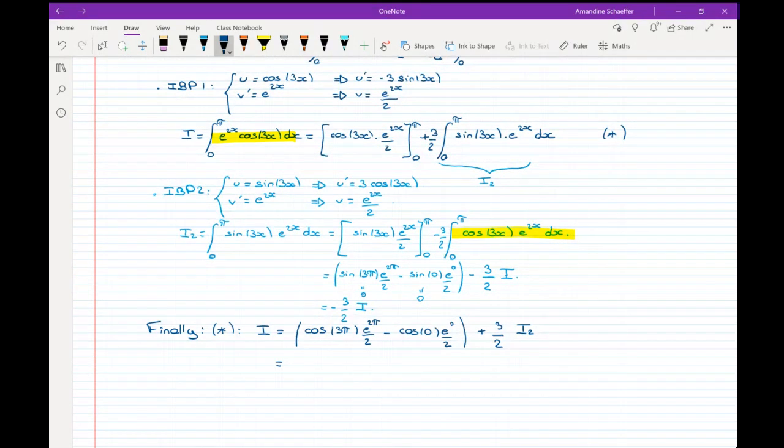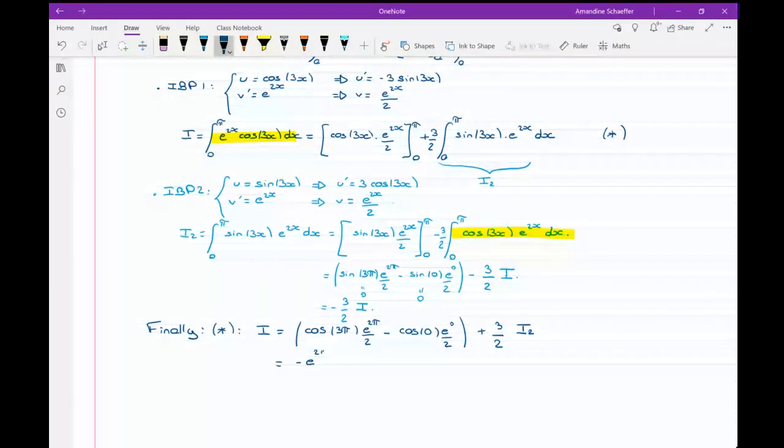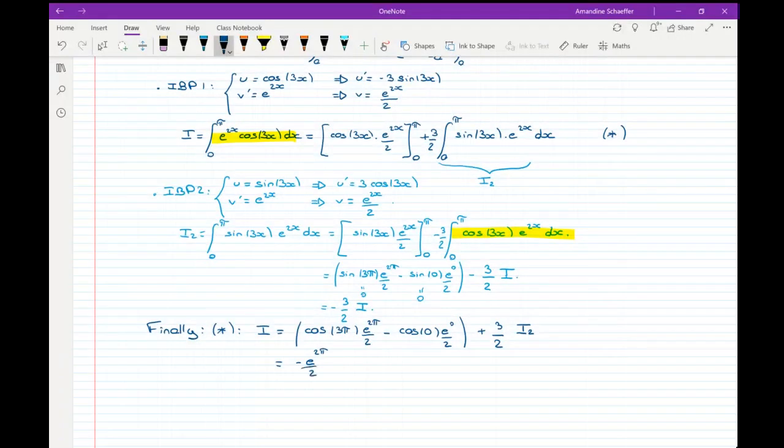Okay, cos 3 pi is negative 1, so negative exponential 2 pi on 2. Cos 0 is just 1, and exponential 0 is 1, so I get 1/2 plus 3/2 I2, and I'm going to substitute I2, that was negative 3/2 I. Okay, that's just from here.